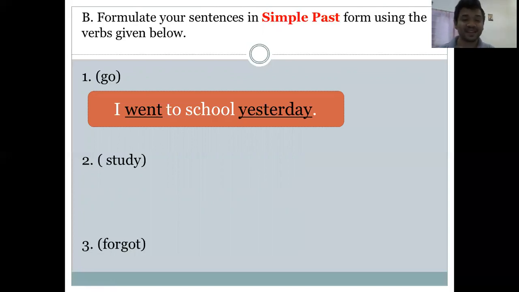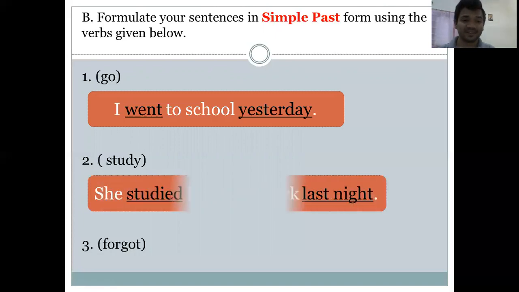Study. Now, change study first into simple past form, and then make your sentence. Perfect. She studied her homework last night. So study, studied.